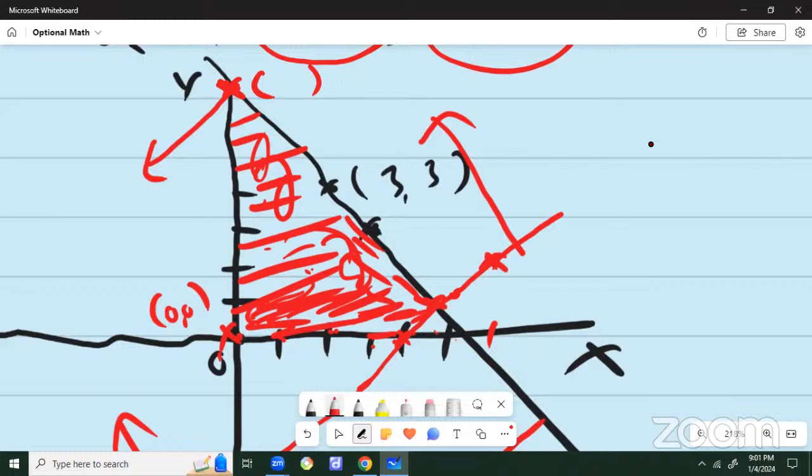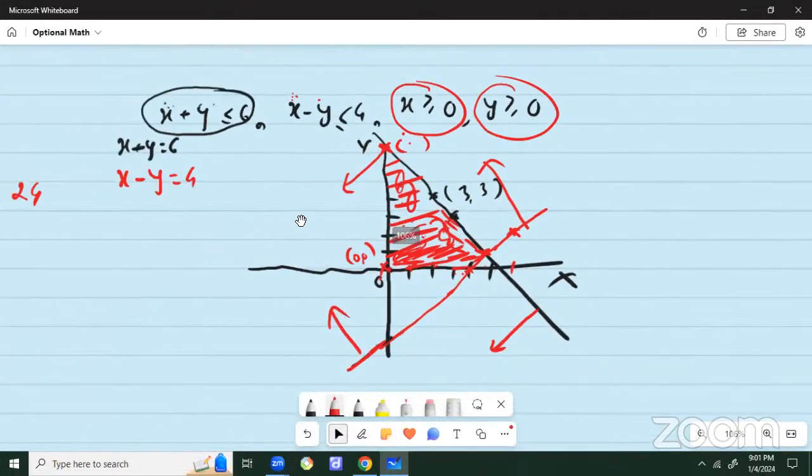If you do this on your graph notebook, then you can easily find the coordinates of these points. So find this point and this point, and put them in the given objective function, Z equals 10x plus 12y. Putting the values of x and y, you can figure out the point with the coordinates which gives the maximum value or minimum value as well.